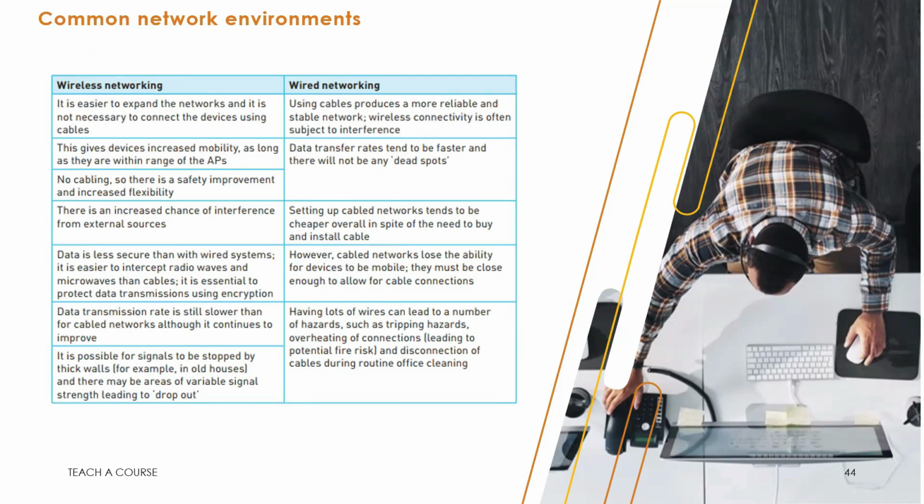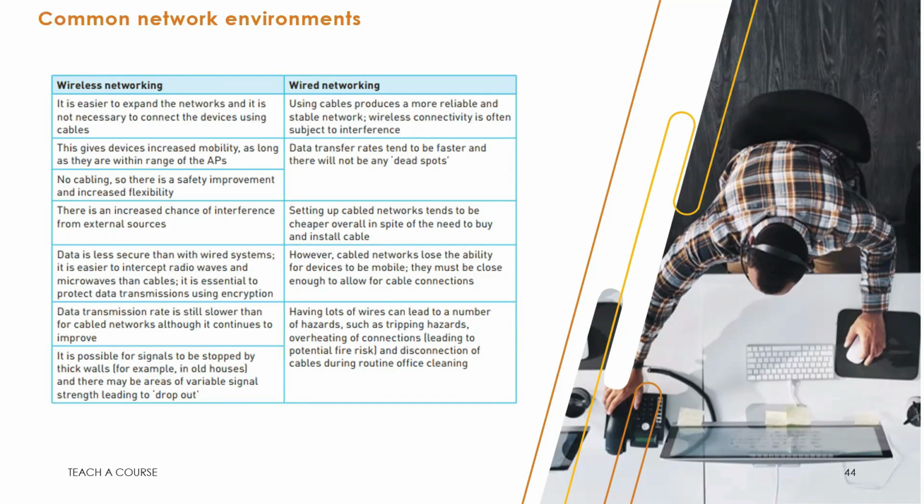So you can expand your computers easily if you're using a wireless network, whereas a wired network is more difficult to expand, but it ensures a stable internet connectivity because wireless is subject to interference: thick walls, other devices communicating using radio waves.